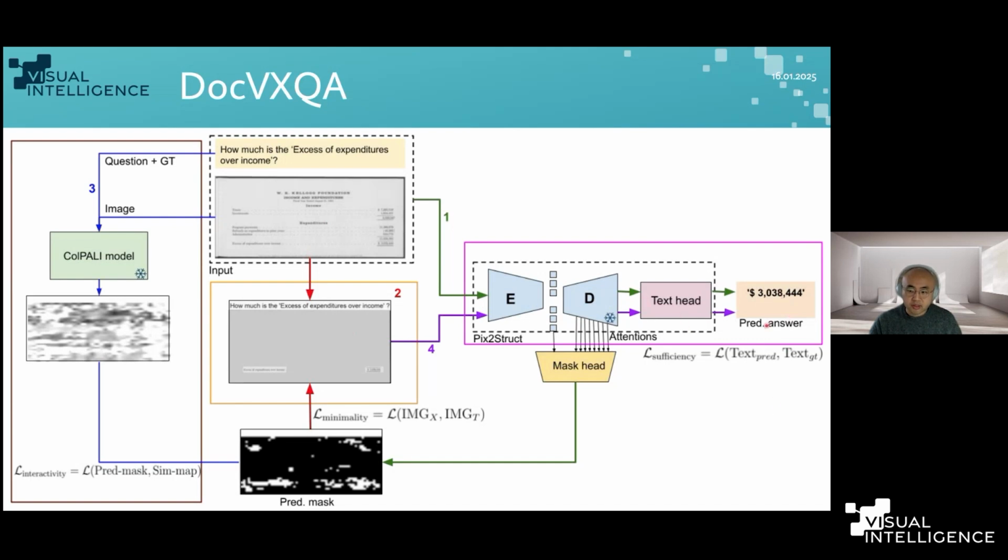So here we get sufficiency, because we want a consistent self-explainable model. And here we still want to minimize information, a minimal explanation, so we introduce this minimality term here.